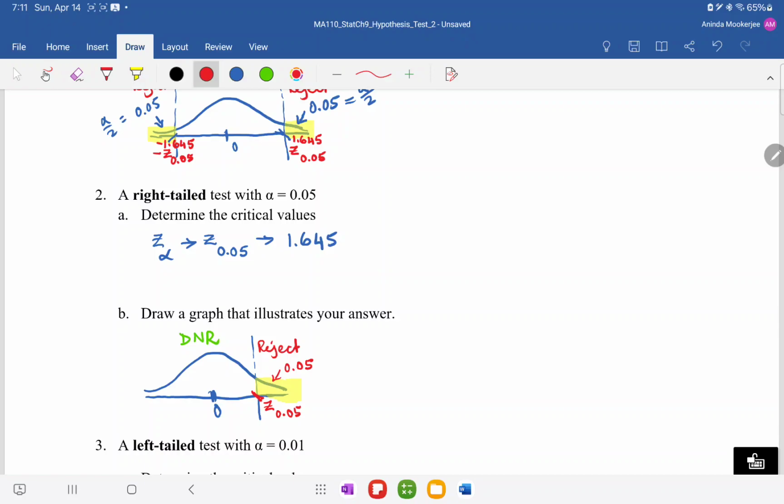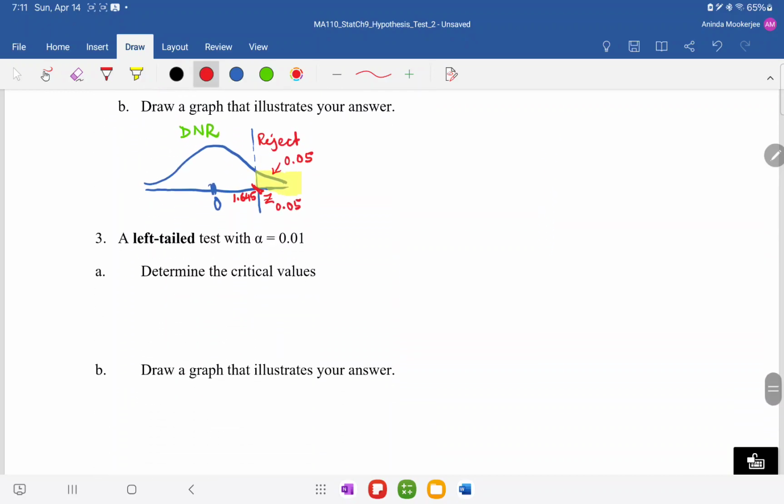And we can write that now in our diagram as well. It's positive. Don't need to write the plus sign. So it's going to be 1.645.